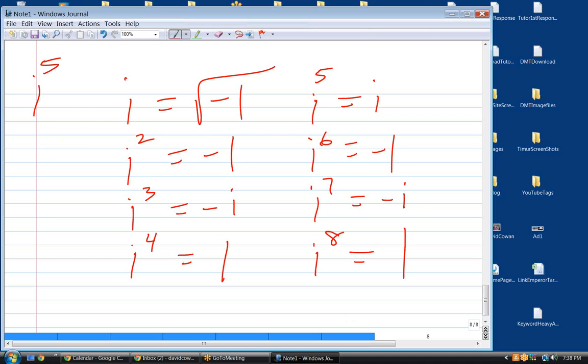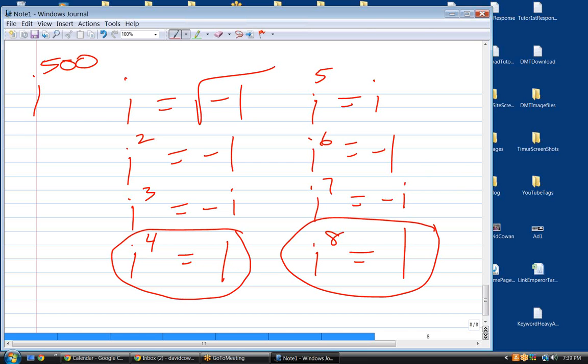So, what does i to the 500th equal? No, it's actually equal to 1 because 500 divides perfectly by 4. Notice that all of the ones that are equal to 1, the exponent is a multiple of 4. Since 500 is a multiple of 4, that's the same as i to the 4th or i to the 8th.